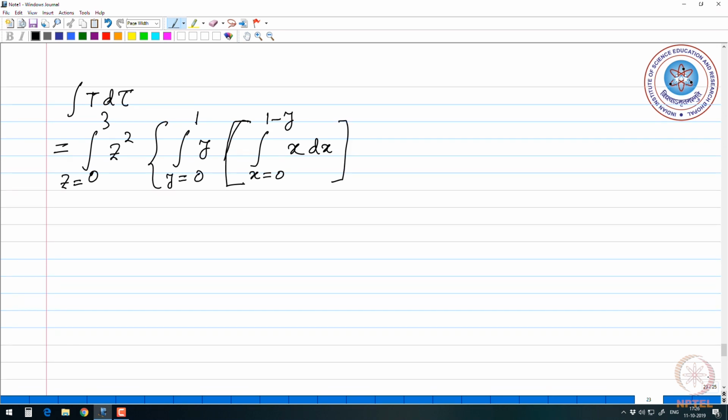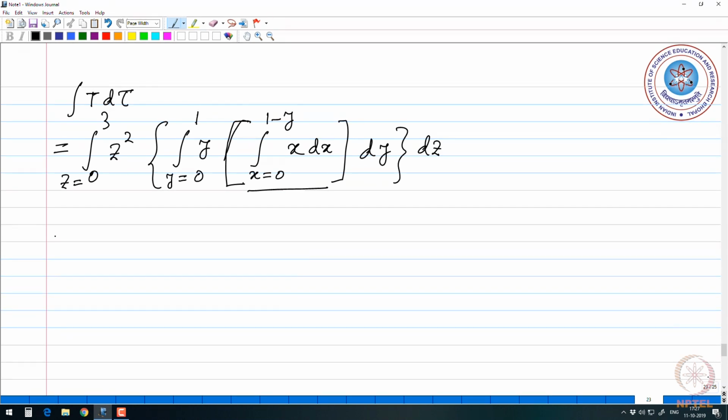First we have to perform this integral, then comes the integral over y, and then dz, the integral over z. We can actually perform the integral over y and z independently because y is not dependent on z, or z is also not dependent on y, but we have to perform the integral over x first because the limit is dependent on y.